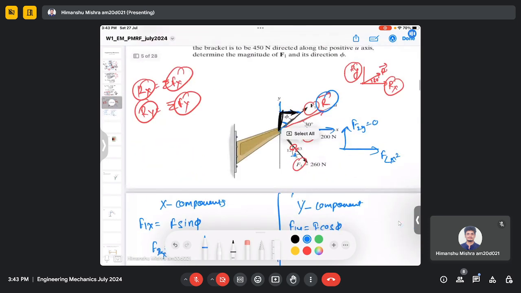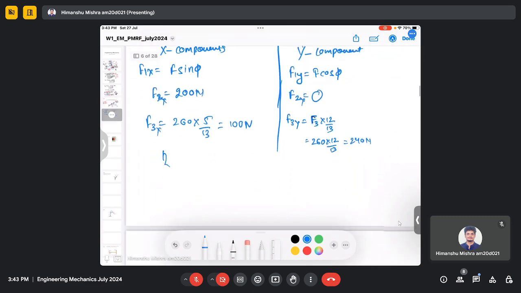Now the only remaining force we have is this reaction force, and we can take the components of this reaction force from this triangle. You can easily see that Rx is cos 30 and Ry is sin 30. So this is sin 30 and this is cos 30.